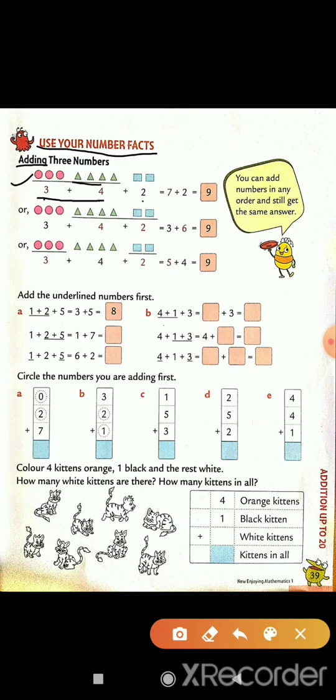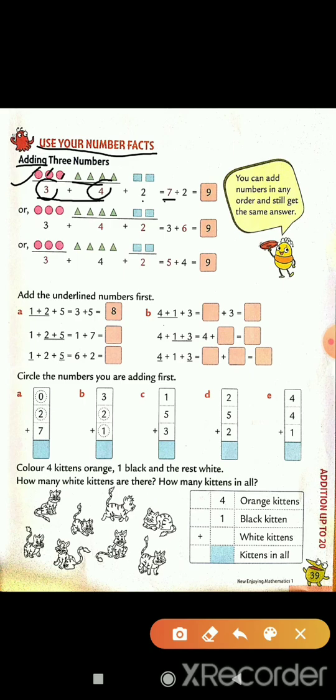4 is the bigger number. Then we have to count forward how many times? 3 times. The same way which we did in the number strip. So what comes after 4? 5, 6 and 7. So 7 is the answer. When we add 4 and 3, we get 7.